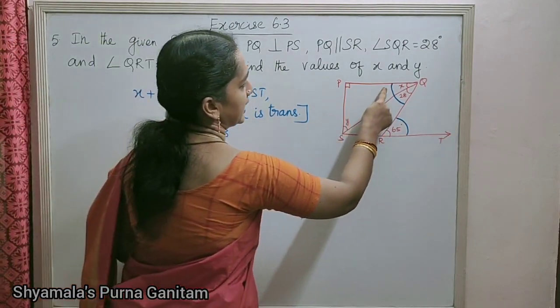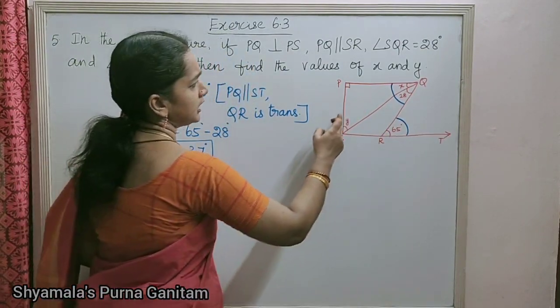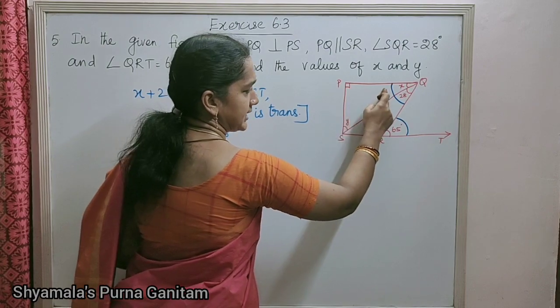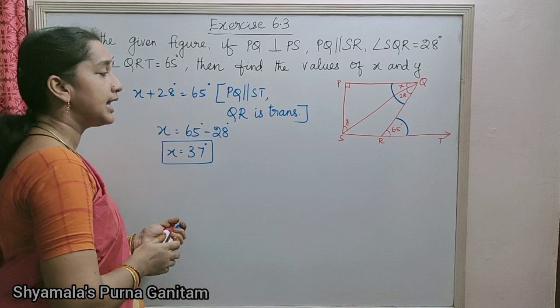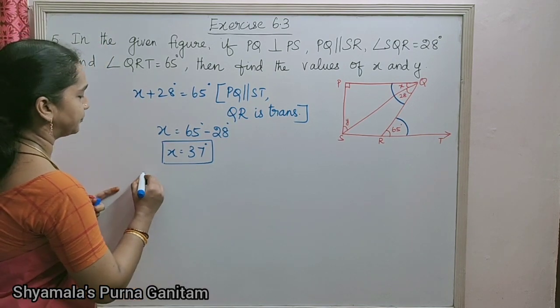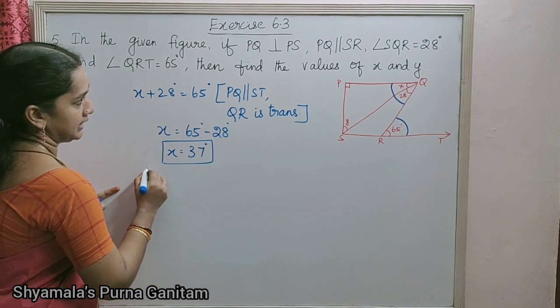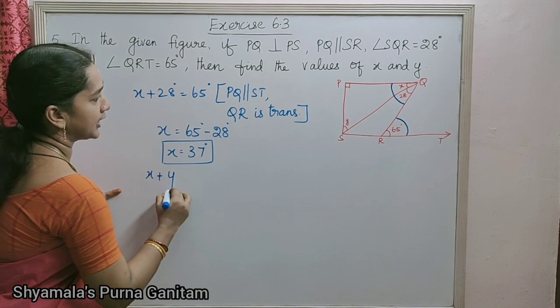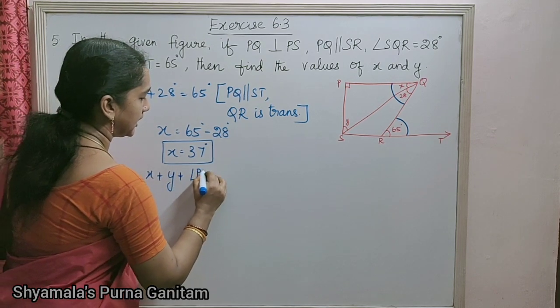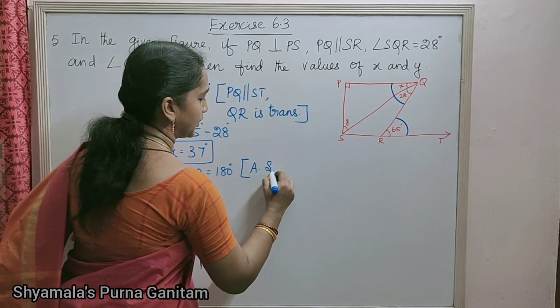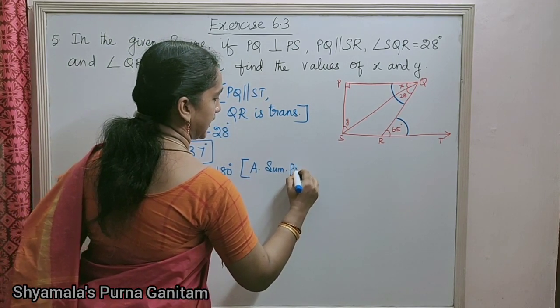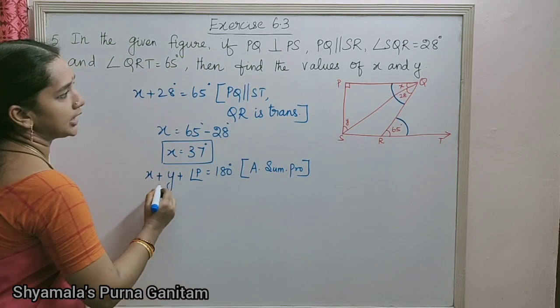Now, since we found the X value, and this is 90 degrees, we can find Y using the angle sum property. X plus Y plus angle P is equal to 180 degrees.